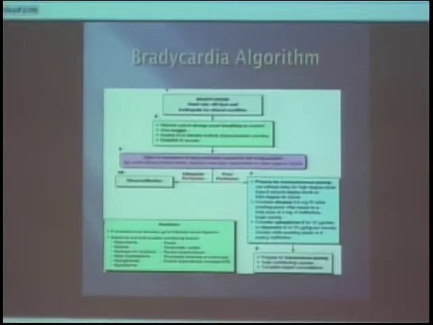Here's an algorithm that we follow, that we memorize. All of us medics have seen this. Again, it's less than 60 beats per minute. How we're going to treat this is your ABCs. Give oxygen as needed.